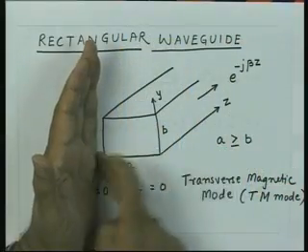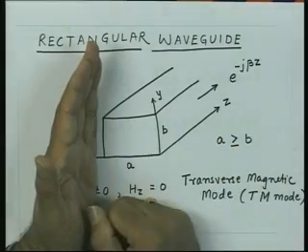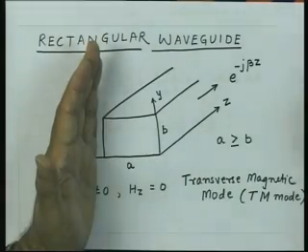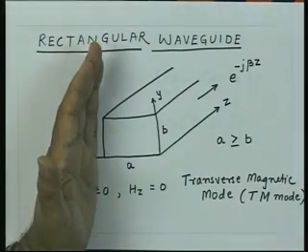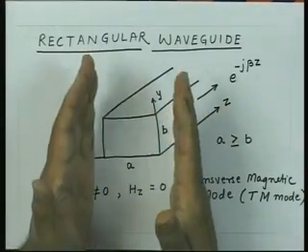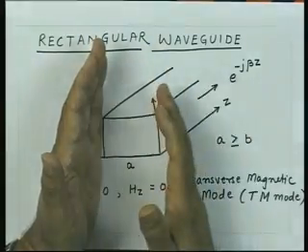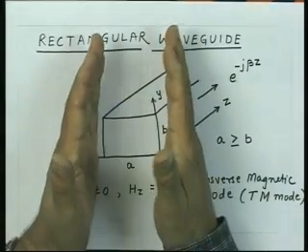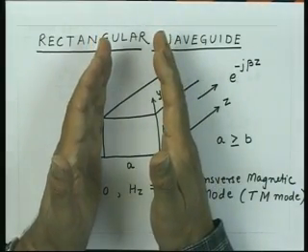So, it creates standing wave kind of patterns in this direction, which is perpendicular to the planes, and a travelling wave propagation along the planes. So, whatever solution we are going to get for this problem must have a standing wave kind of solution in the x direction, because if I take the limit when b tends to infinity, the solution must represent the solution for the parallel plane waveguide.